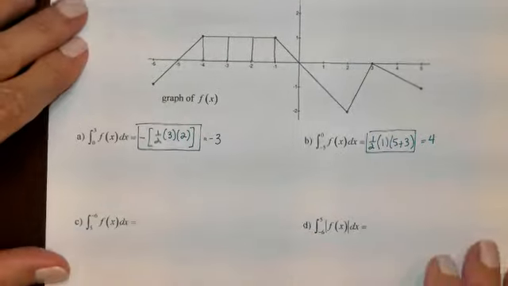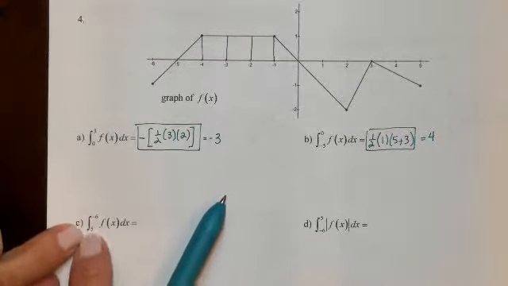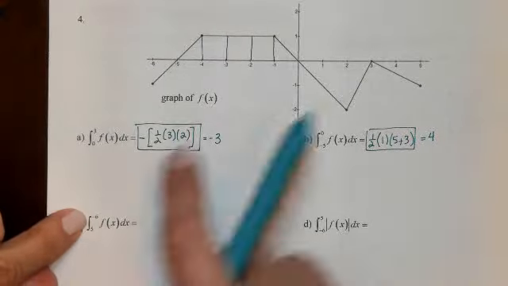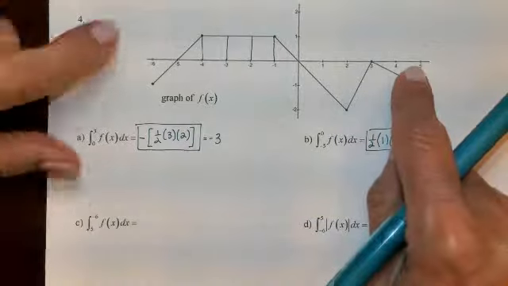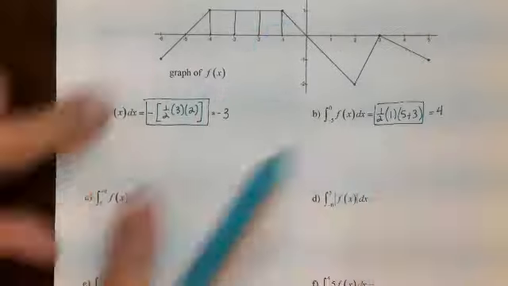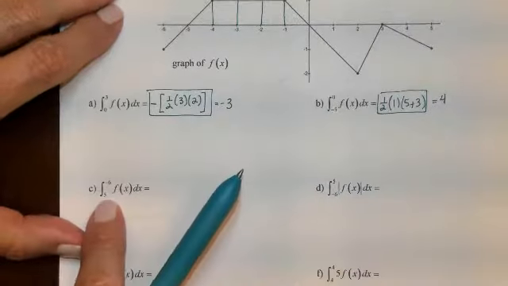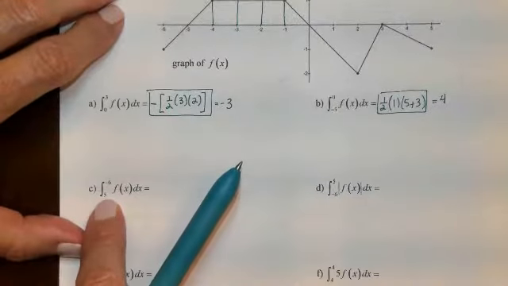All right, part C. In part C, we want the integral from 5 to negative 6. Okay, well that's a problem, you guys, because the first thing we need to do is always go from a lower number to a higher number. So I need to switch the negative 6 and the 5.